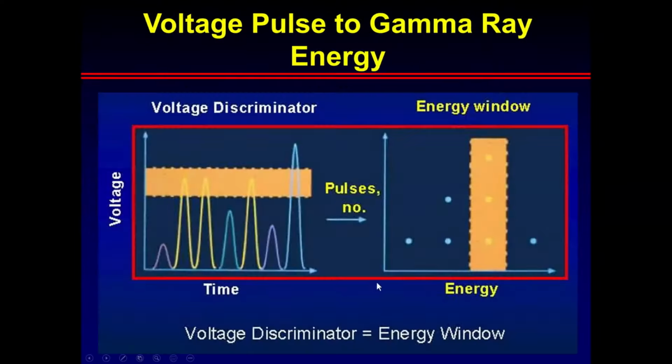Once we detect these, the voltage discriminator detects 140 kV photons with a total window of 20%. We don't want to collect photons that are low energy. We want to detect those photons which are closest to the radio tracer that we actually gave the patient, and for technetium, that would be 140 kV.